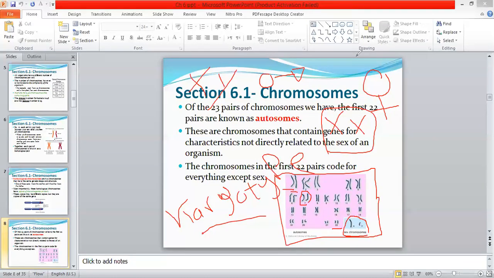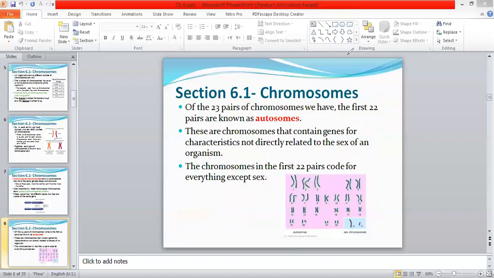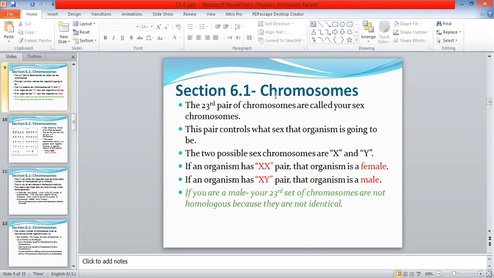So we have two types of chromosomes. Autosomes, which means body chromosomes, and sex chromosomes. We have just one sex chromosome pair. This is the part we explained. If an organism has XX, it will be female. XY, it will be male.